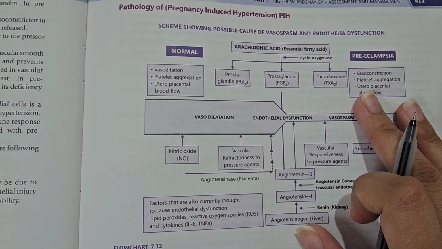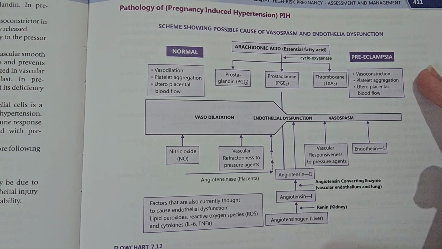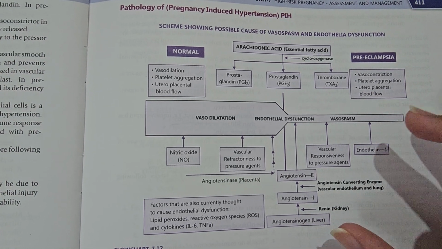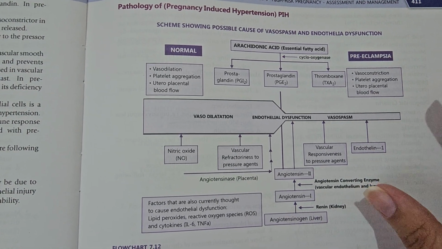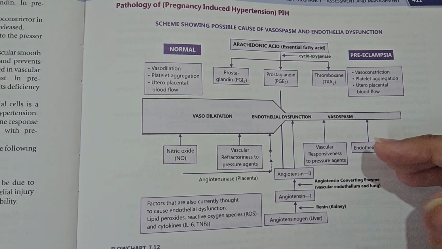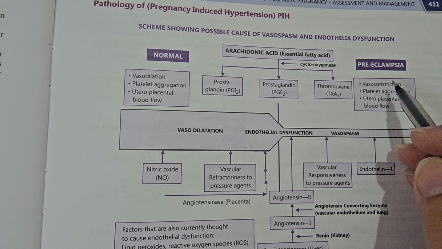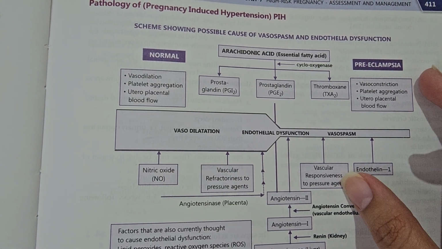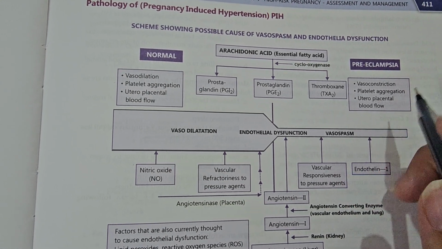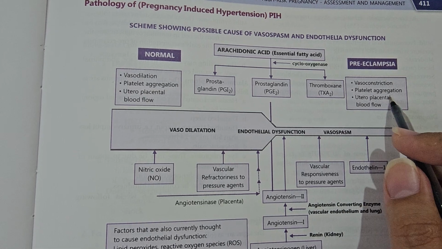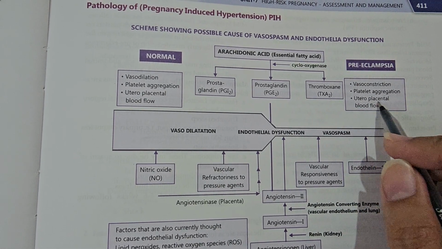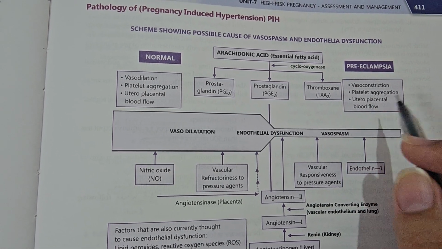But in abnormal development of placenta, when the capillary spiral artery is not fully developed, then vasospasm, meaning vasoconstriction, happens. Why? Because of insufficient length of spiral arteries, and there may be platelet aggregation. So that affects uteroplacental blood flow.